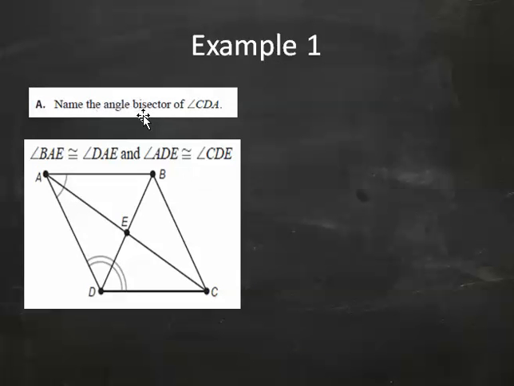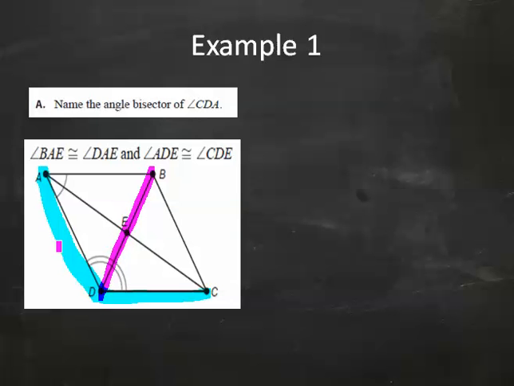It says name the angle bisector of CDA. So the first thing to do is to highlight angle CDA. You start at C, go to D, and then go up to A. It's asking what segment or line or ray cuts CDA. If you look at it, you can highlight it. You'd say it's this one right here.